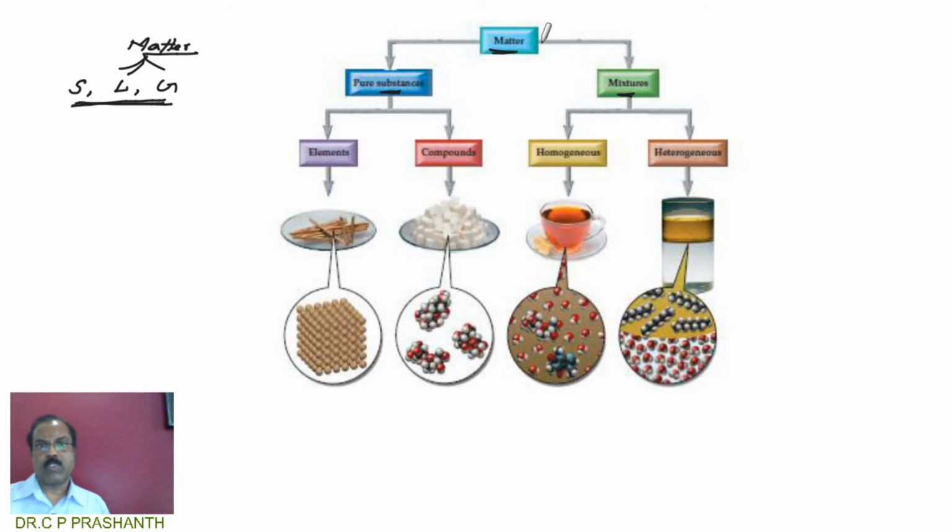Here the classification is based on the composition. So in both these cases we have classified matter, but on two different bases. Pure substances can be either elements or compounds. Iron is an example of an element. Sodium chloride is an example of a compound.